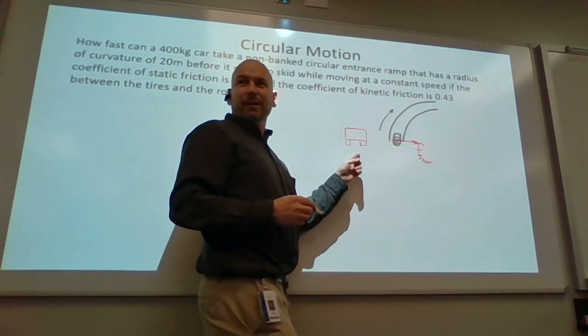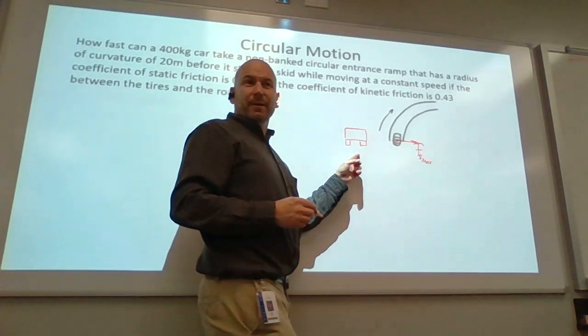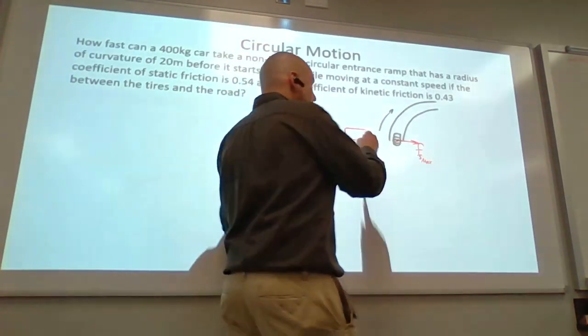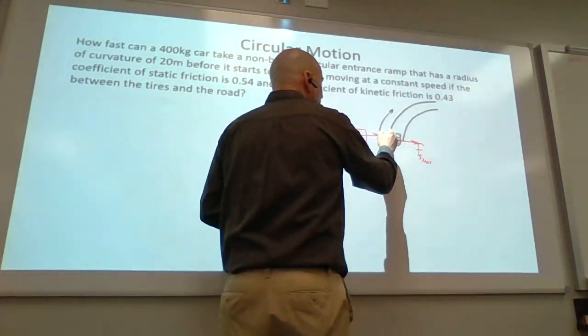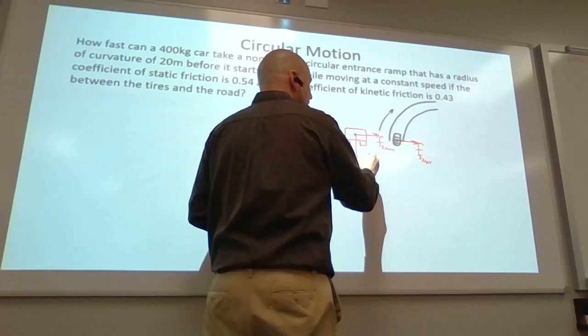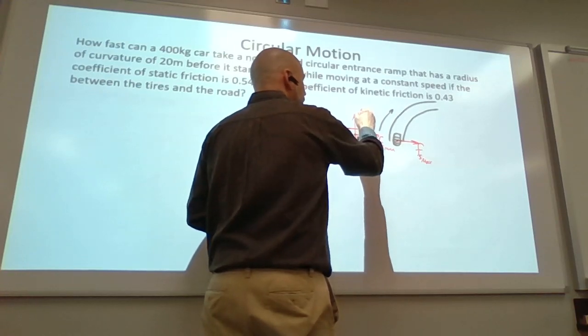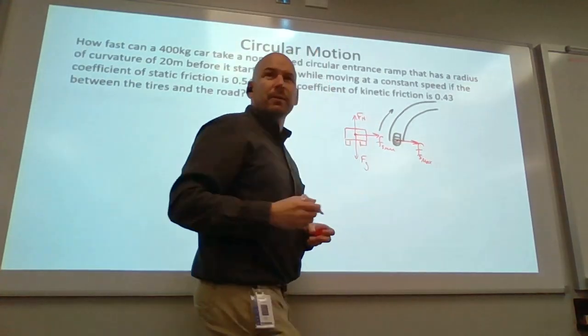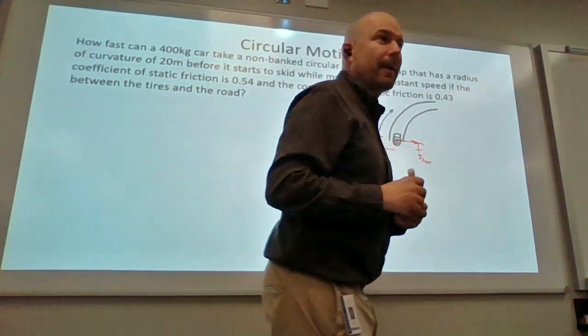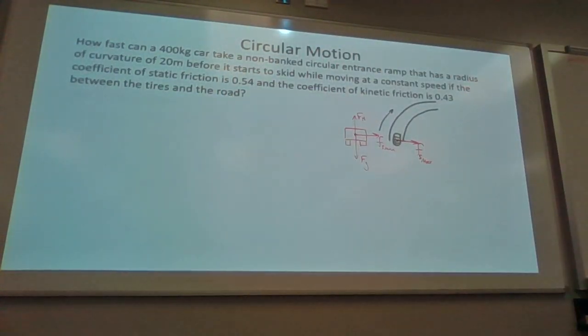This is the tires of the car. You're looking at the license plate. You okay with that? So here's your maximum static friction, gravity, and normal force. Right with that? Okay, just looking at a different perspective.